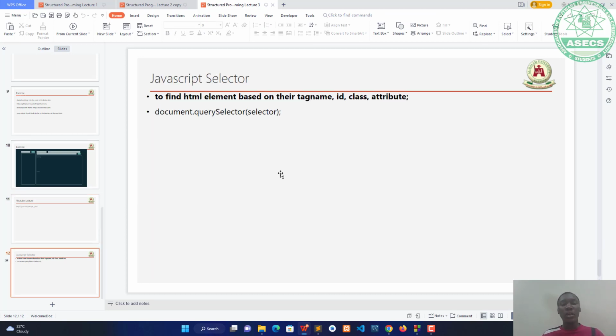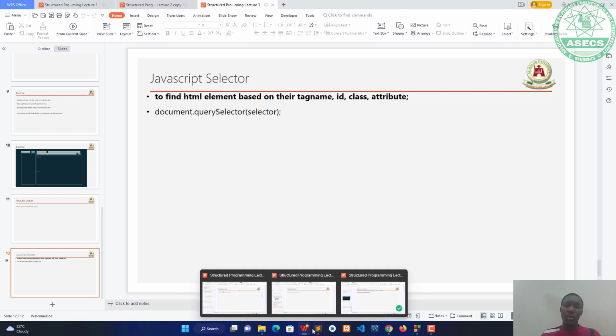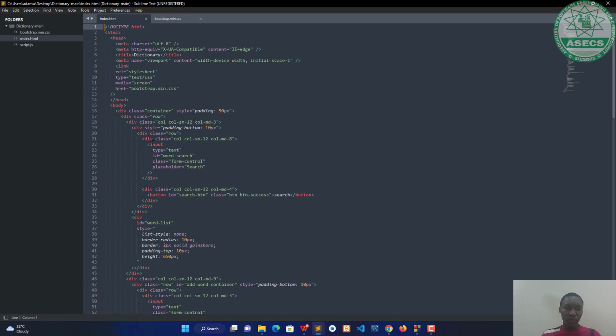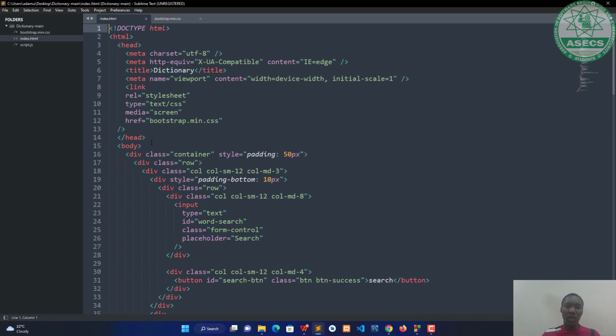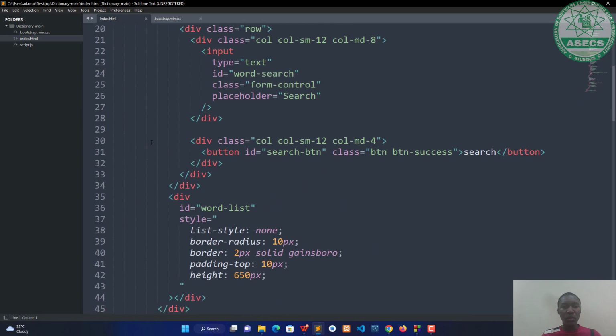I know about the JavaScript selector tip. To find an HTML element based on the tag or class, you should just say document.querySelector, then pass the selector name. Something like a button, with its opening and closing tags, is a selector.